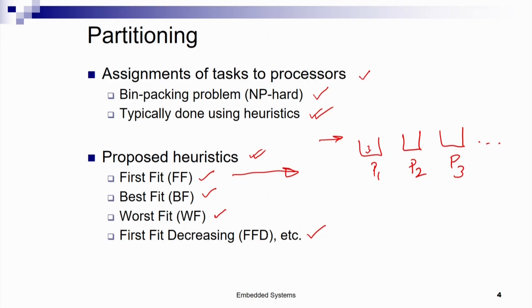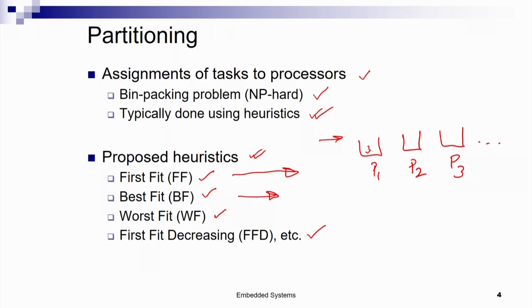Okay. Best fit, on the other hand, what does it do? It takes the processors and finds that processor among the set of all processors which has the least remaining capacity, but that capacity is sufficient to hold the next job. So, it is the best fit. It is called best fit because it does not allocate to the first processor that can hold it.